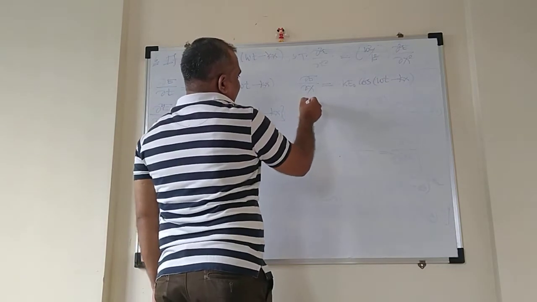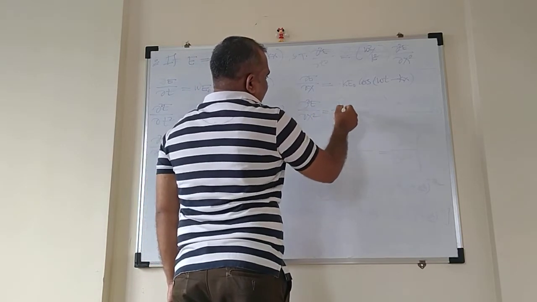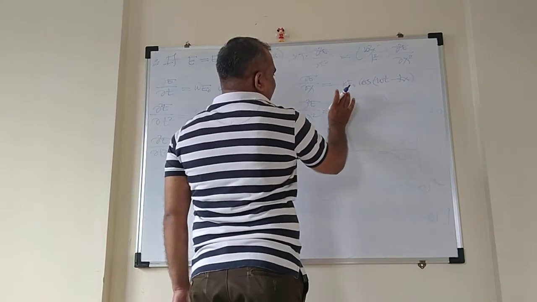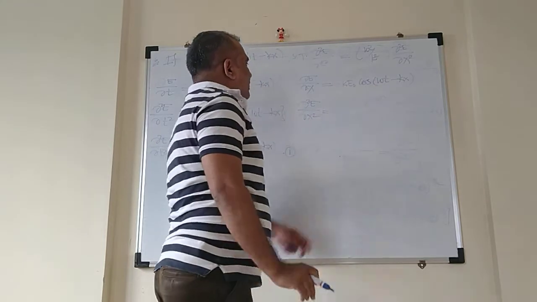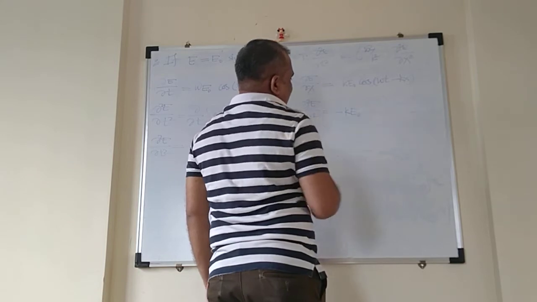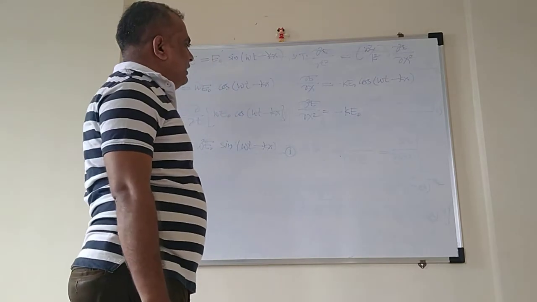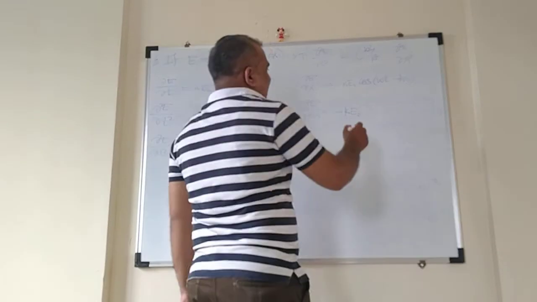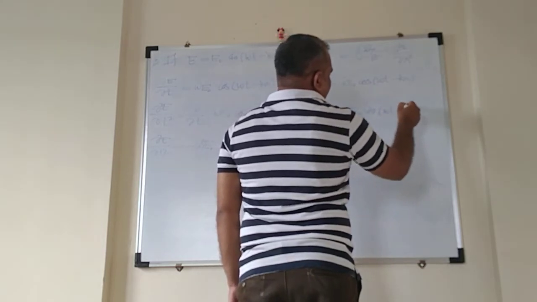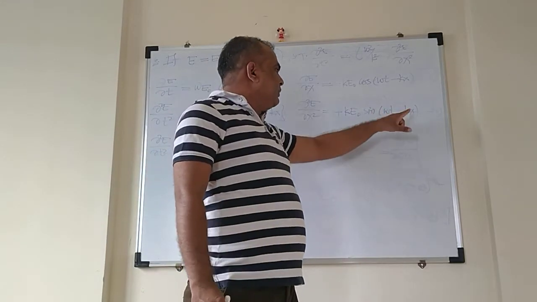Now differentiate a second time, ∂²E/∂x². This is equal to ∂/∂x of this function. Minus k E naught is constant, so as it is, into the differentiation of cos with respect to x, which is minus sine, so minus minus will become plus, into sine of (omega t minus kx) into the differentiation of this bracket with respect to x, which is minus k.